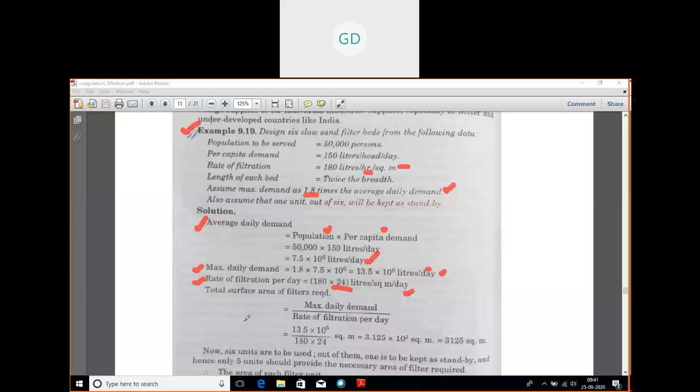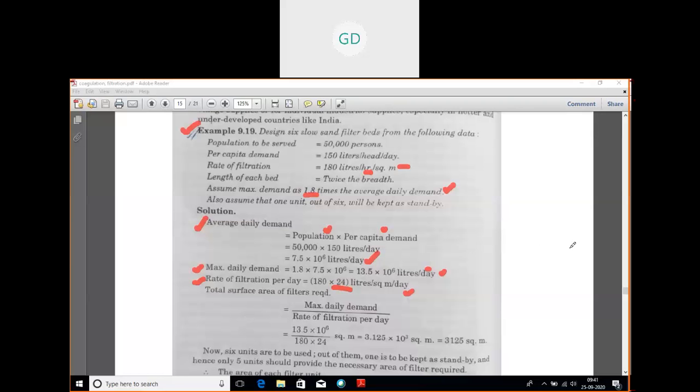Now, since the question says to design, we need the length, breadth and width of the filters. For that, first of all we need to find the surface area. If we find the total area, then we can find the area for each filter unit.